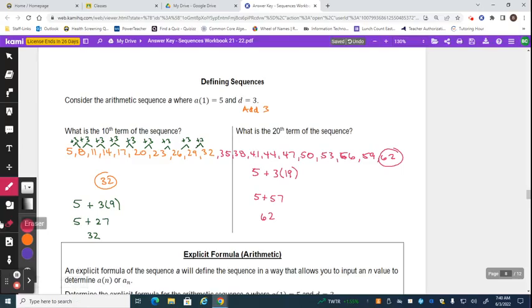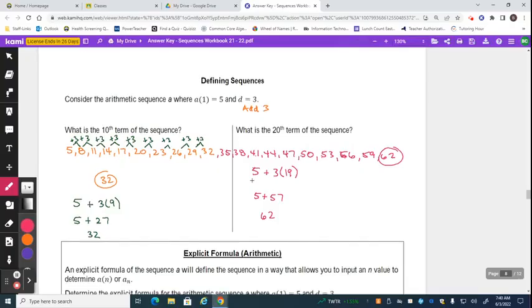So the list is going to be a little bit tough when we get to higher terms, but we can use that shortcut to get there.